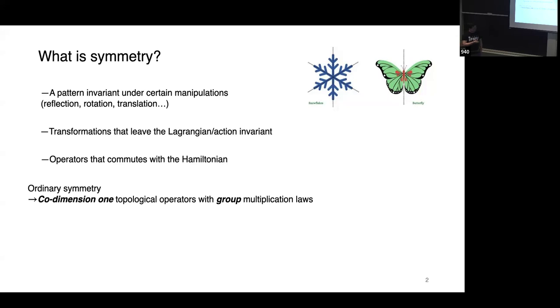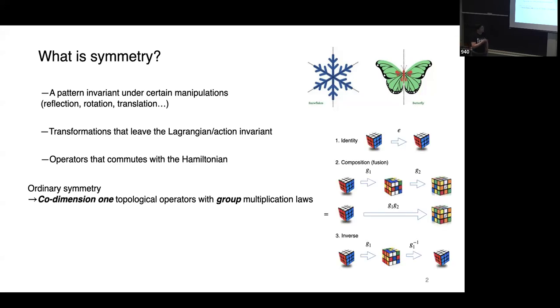And the group multiplication law means that the fusion of symmetries is described by groups, like the Rubik's Cube: you can always have identity operators that leave it invariant, or you can compose two different symmetry transformations to make a new one. And for every symmetry operator, you can always find the inverse.